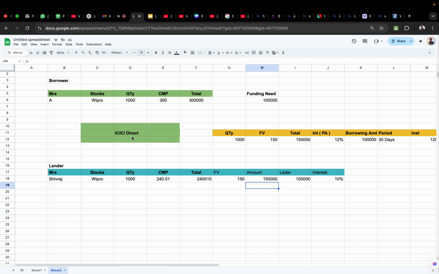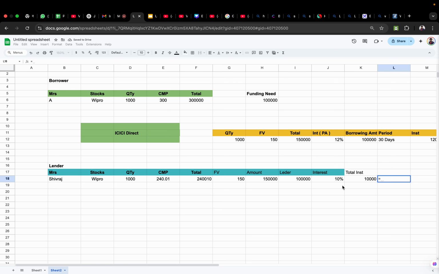See, the broker can convince me, hey Shiv, we have a request for 1 lakh, if you can give 1 lakh to us, we'll pay you, let's say, 10% interest income, on a yearly basis. So per month, you can earn, if I calculate it, 10,000 per year.